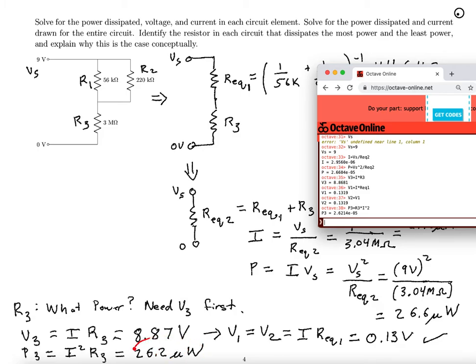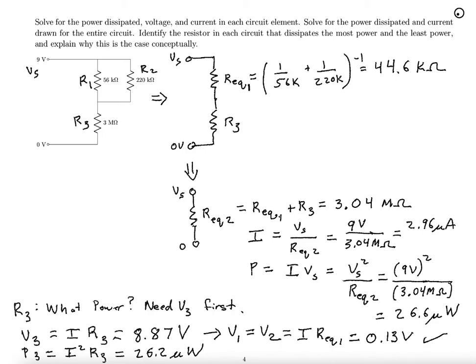Notice how close this number is to the power dissipated in the entire circuit. So most of the power is going to end up being dissipated in R3. Now we go backwards to figure out the current in 1 and 2.